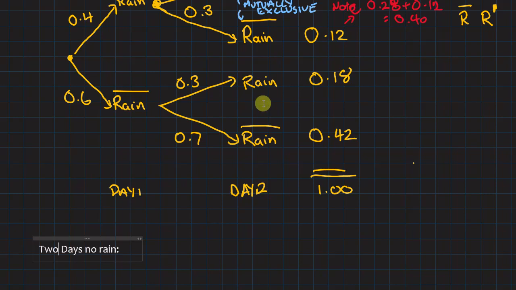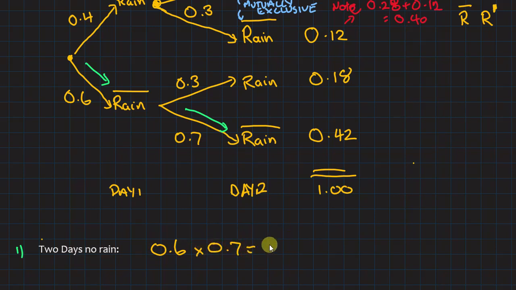Two days no rain is no rain, no rain, and it's this probability, 0.6 times 0.7, 0.42. If you've already put it into the table, you don't have to show the calculation again. I'm just showing it for completeness now. So if you've shown that calculation, you could just read this number off, and if it's correct and you've correctly identified which bit it is, in an exam question you would normally get at least 1 mark.